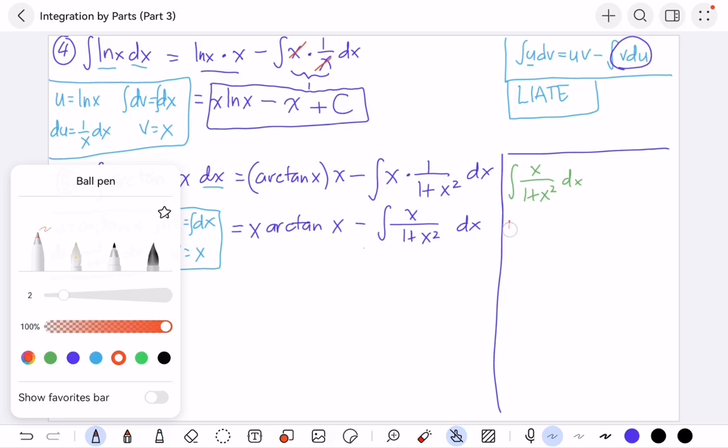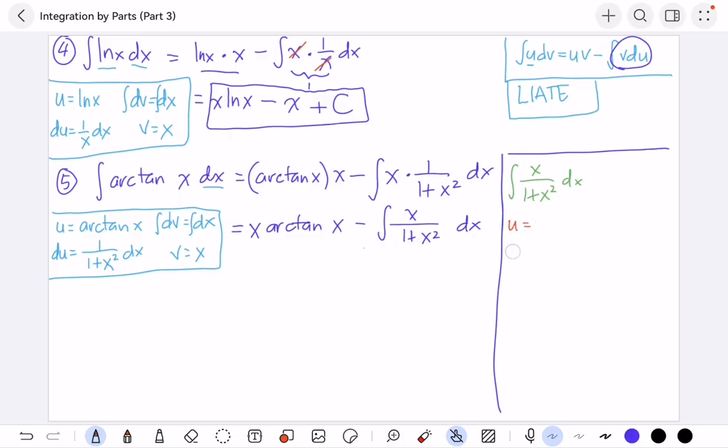Can we find a u so that when you take the derivative, it's in the integrand? Let's try. We can choose 1 plus x squared as our u, and the derivative of that is 2x dx. Oh, we have x dx. So just get rid of 2. So I have 1/2 du, and this is x dx.